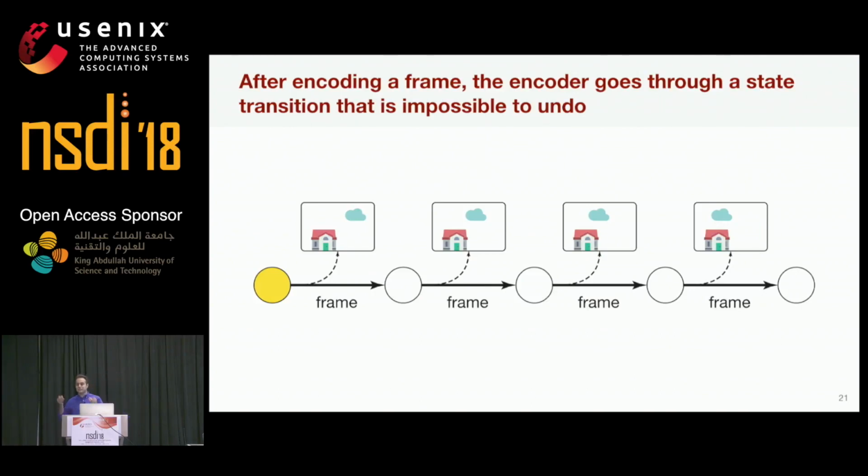So it doesn't matter if you have ordered 20 sizes. As soon as you try on the first one, you have to commit to that forever. When the encoder encodes the frame, it goes through this state transition, and you have to commit to that frame. That frame is now a part of the video stream. You've got to send it over the network. It has to be received on the receiver side, and the future frames are going to be dependent on that.